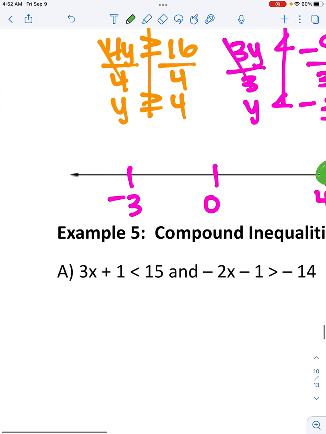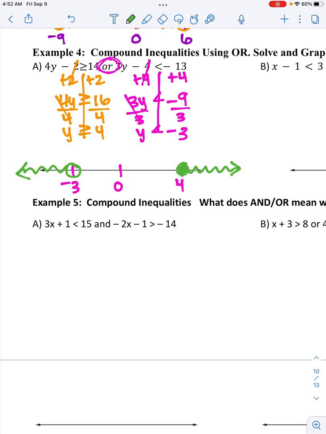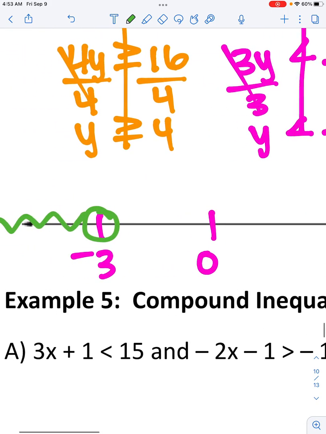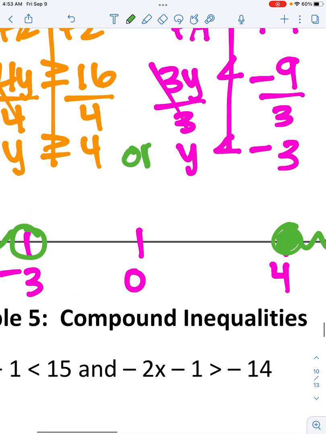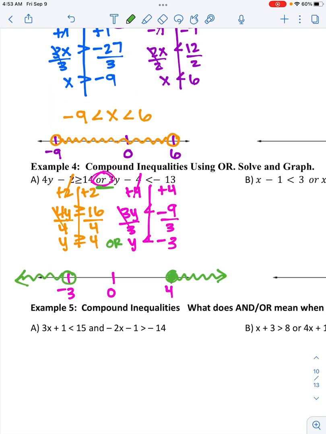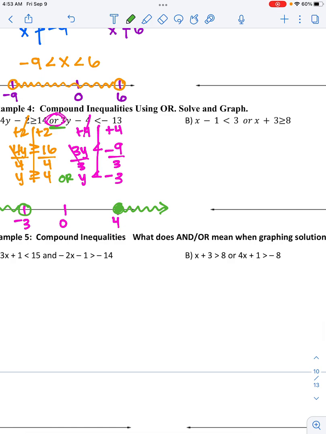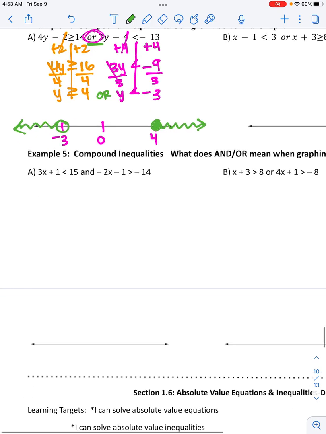And then y is less than negative 3 with an open circle, so less than is going this direction. So this is an "or" because my inequalities are going in opposite directions, so there is no overlap. I would not be able to write an "or" set of inequalities in a concise way because they're going opposite ways. All right, so go ahead and try the other ones.